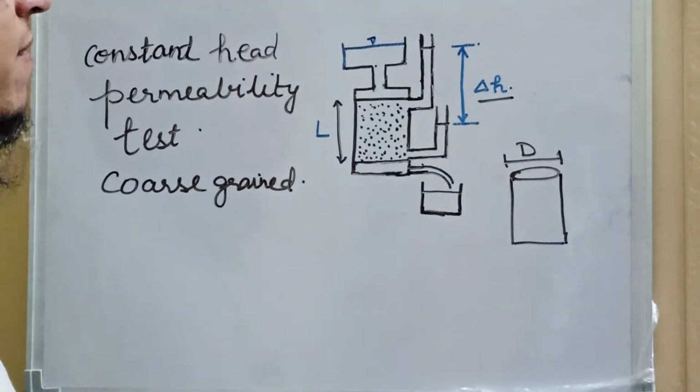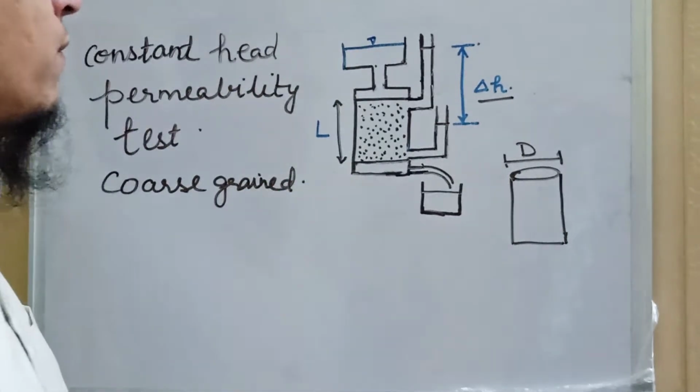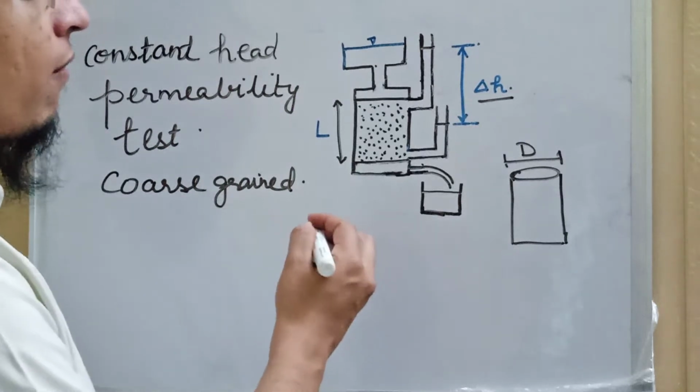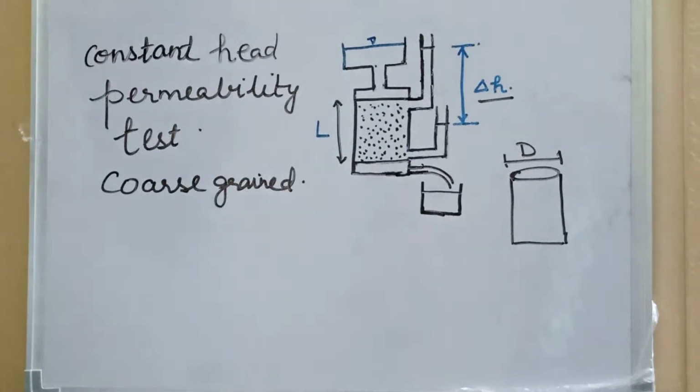Now for conducting the constant head permeability test, first of all we need to maintain a constant discharge, that is, a steady state flow condition has to be maintained. In the starting we allow the water to run through this sample so that the soil gets saturated and steady state is achieved.